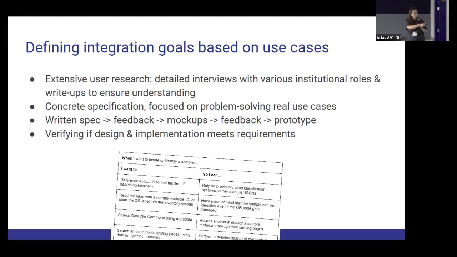And why do I want to do that? So I can have peace of mind that the sample can be identified even if the QR code gets damaged. That's very specific, but once you have that written out concretely, you can start prioritizing and figuring out how to implement that within your tool.